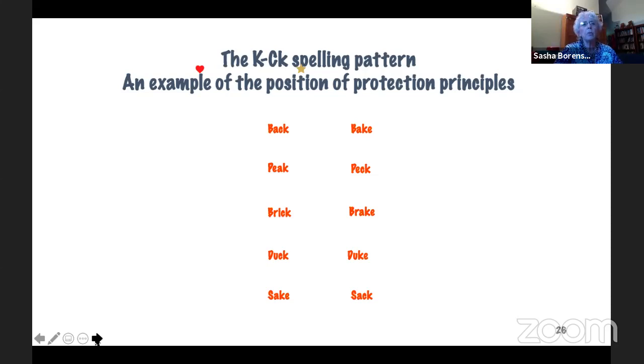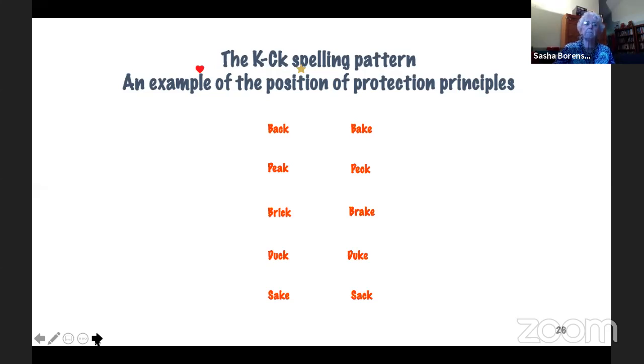Peak. What's the vowel in the word peak? Is it weak or is it strong? How did I spell the k sound with this strong vowel in peak? How about the word peck? What's the vowel? Is it weak or strong? It's weak. How did I spell the k sound in peck?